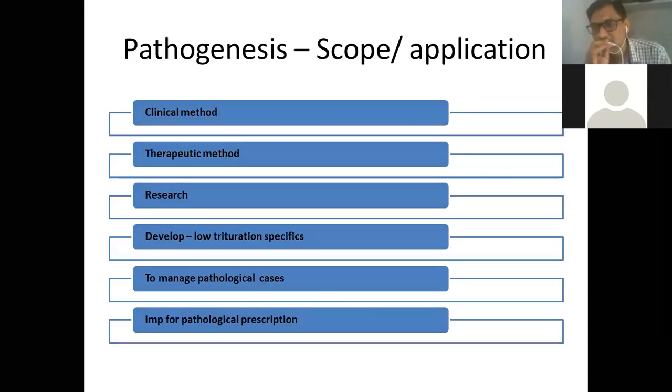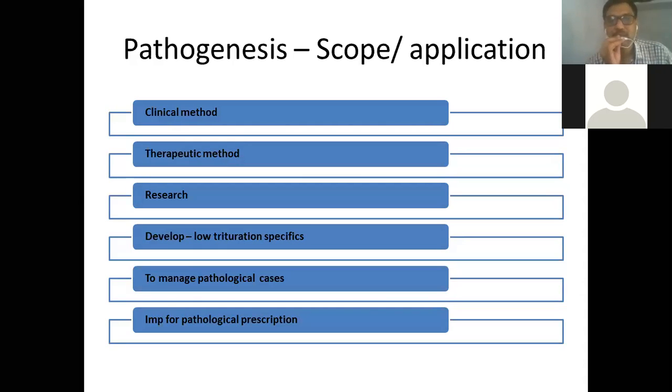Remember, one important objective of understanding these basic terminologies was to correlate the study of homeopathic materia medica and that of therapeutics. So this ability of generation of pathology is very important in these two methods of study of homeopathic materia medica, clinical method and therapeutic method.